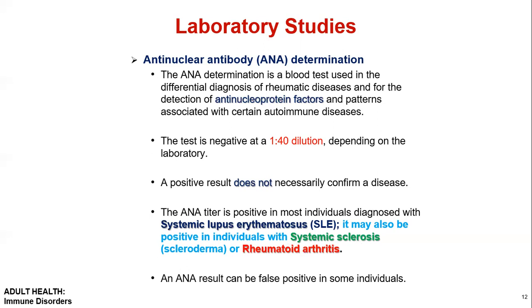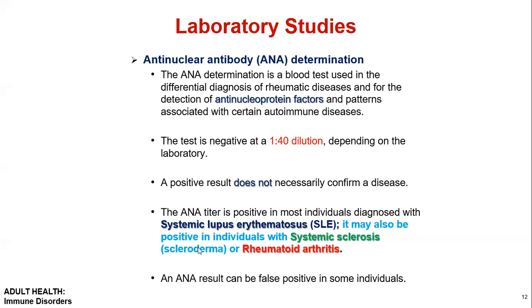So systemic lupus erythematosus, it is the chronic and progressive autoimmune disorder that affect the vascular and connective tissue of the multiple organ in the body.